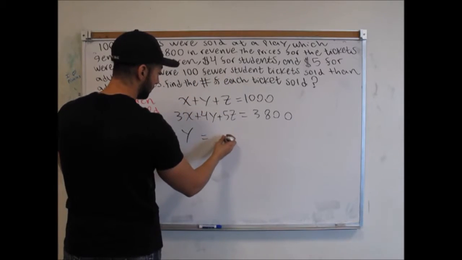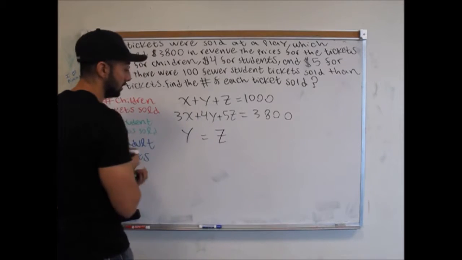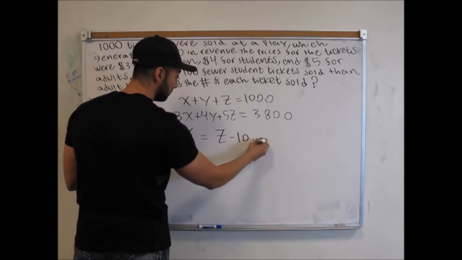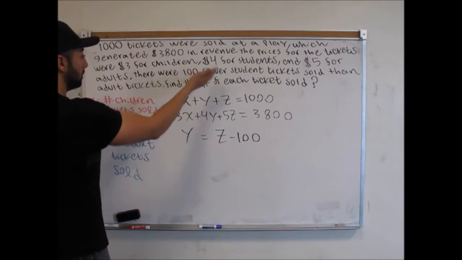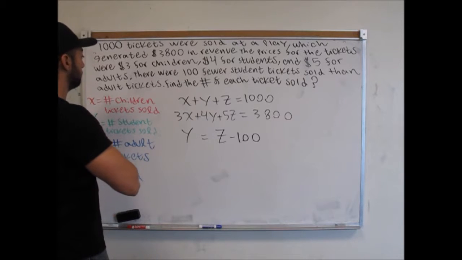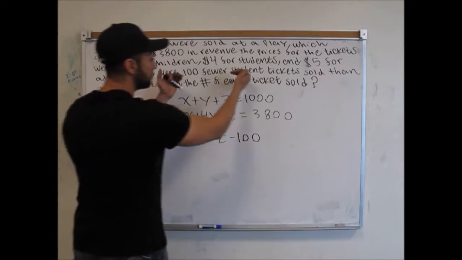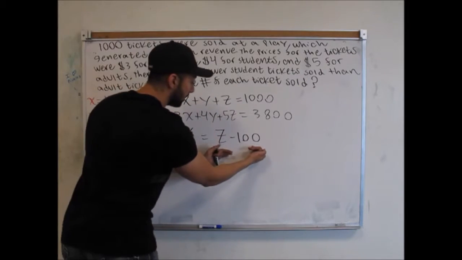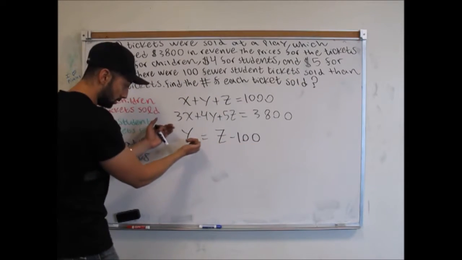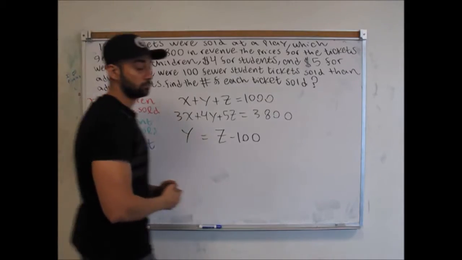So if I take the adult tickets, which I'm letting represent z, and I take 100 away from them, that would translate into my number of tickets for the student, because they're saying there's 100 fewer student tickets sold than adult. So if I took 100 away from the adults, then I would be equivalent to them.